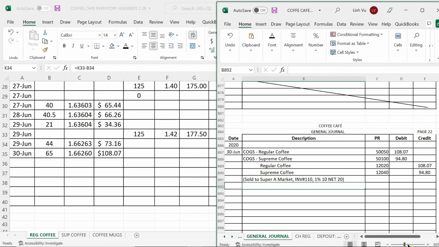Oh, actually, I don't need the discount terms in there. I just need to make a record that I sold to them for invoice number 110.